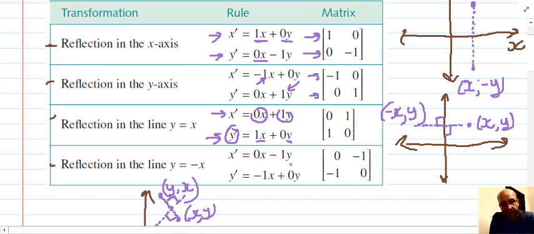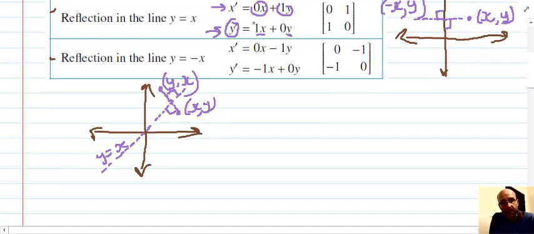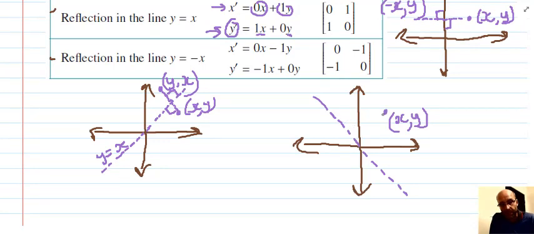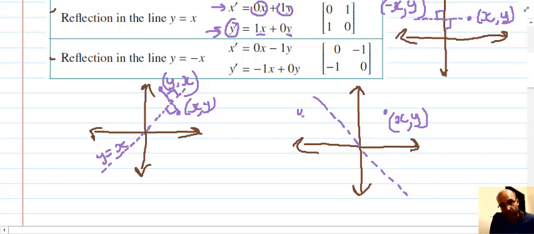So that just leaves reflection for y equals negative x now. So let's draw that in. If we've got some nominal point x, y there, and we've got the line y equals negative x, now it's a falling line because of its negative gradient. It's a diagonal going in that direction as shown. And again, we project at right angles to the line.